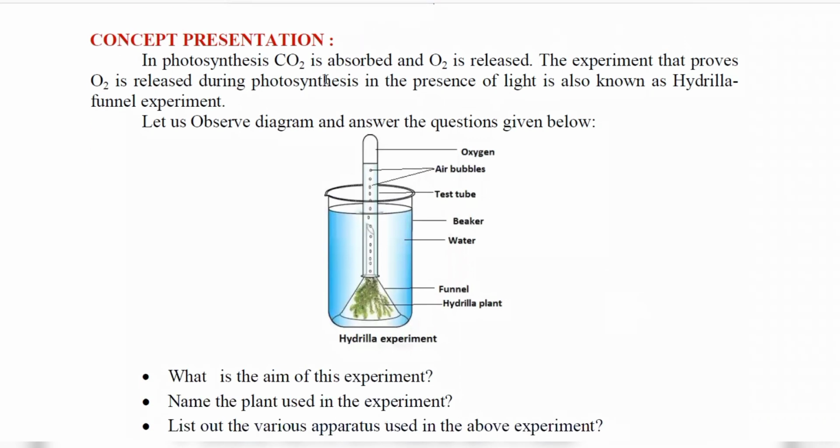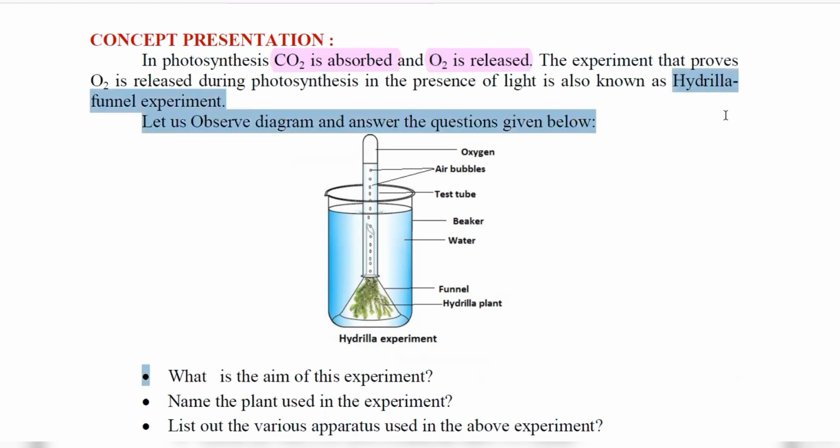In photosynthesis, what happens? Carbon dioxide is taken up, nothing but absorbed, and oxygen is released. The experiment that proves oxygen is released in the presence of light is also known as the hydrilla funnel experiment.